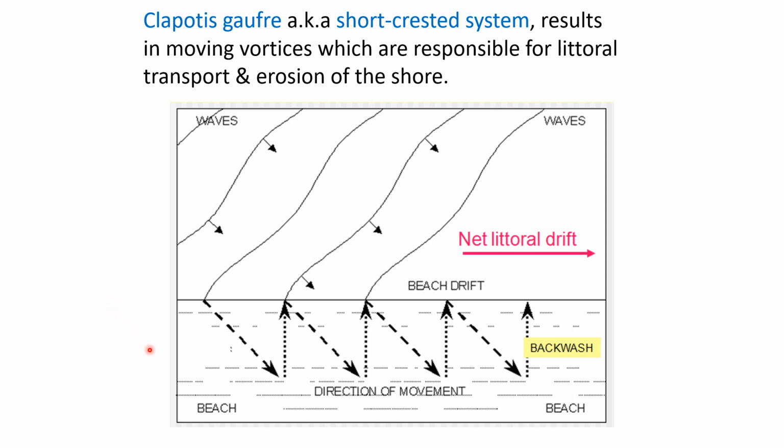This progression of the wave towards the shore typically causes erosion, and this progression outwards of the shore is typically a backwash that carries the sediment away from the beach. As a result, there is a net littoral drift, that means a net movement of sediment in this direction along the shoreline.